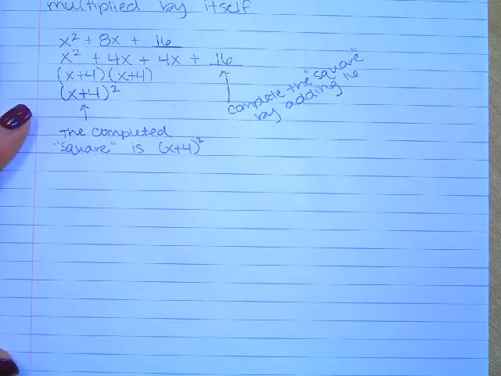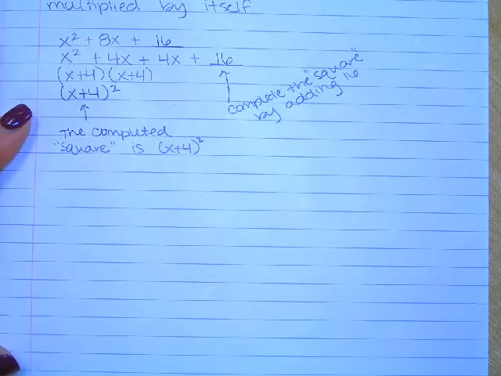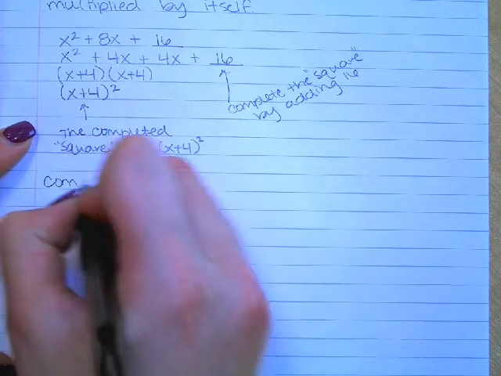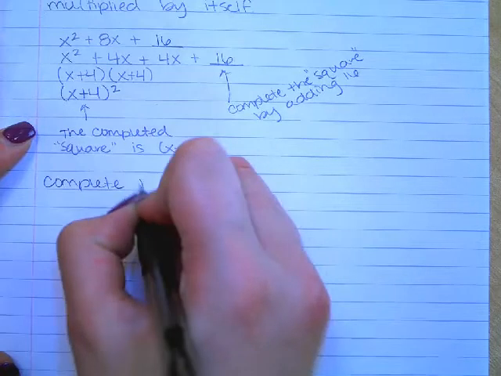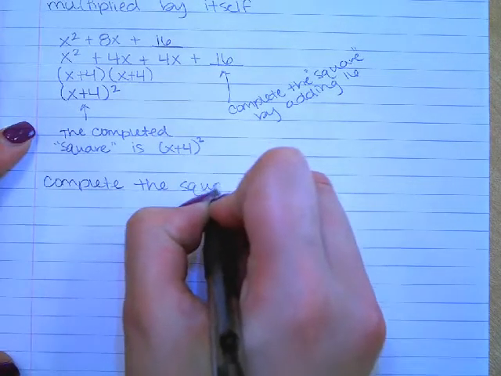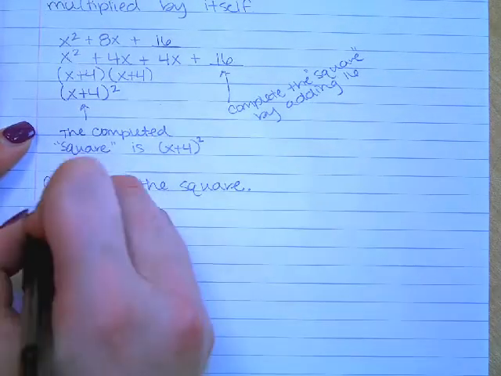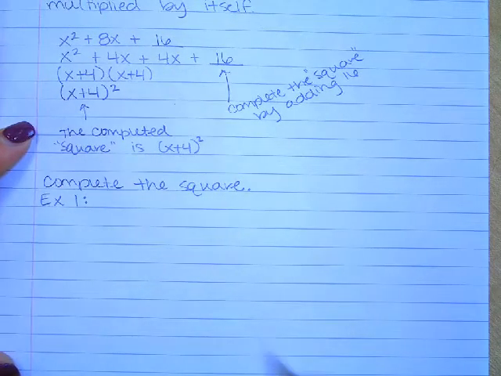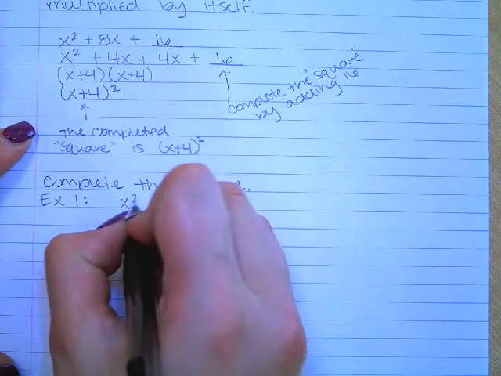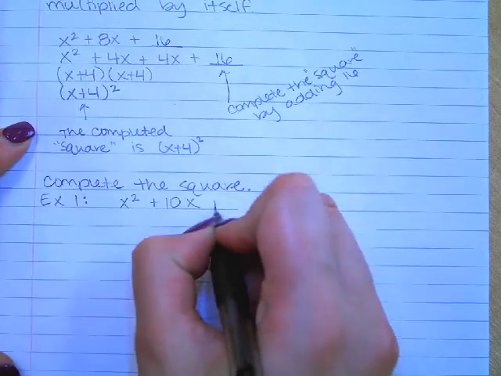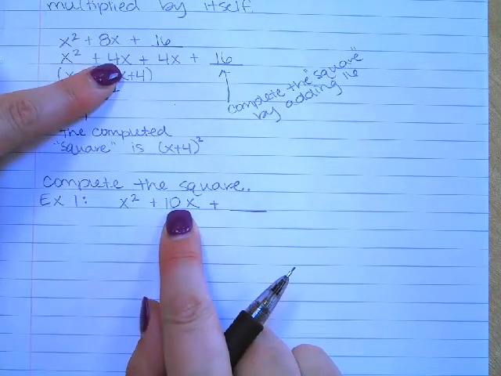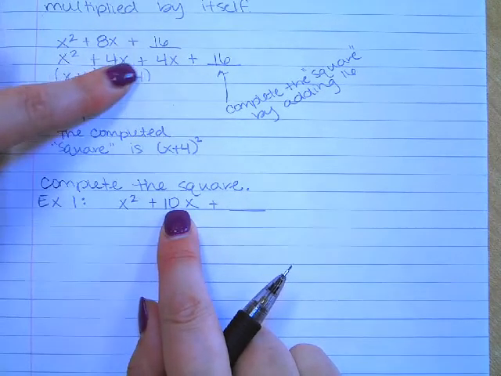Okay, so we're going to go ahead and walk ourselves through some problems where our goal is to complete the square. For the first example, I have x squared plus 10x plus something. So just like we did up here, we're going to think about taking that middle number and dividing it in half.